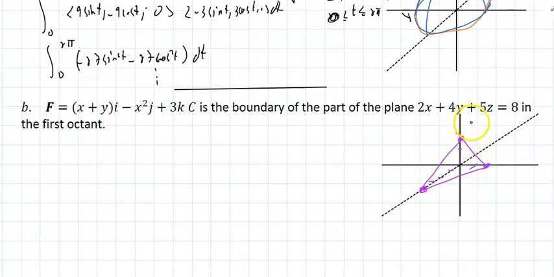So the deal is, when you look from the top, the only thing you see, in the first octant, is the surrounding curve right there.